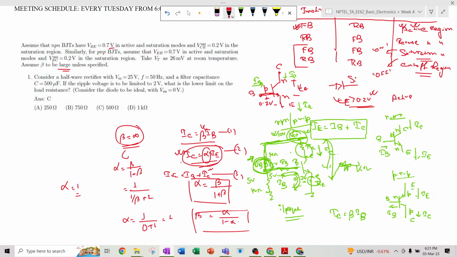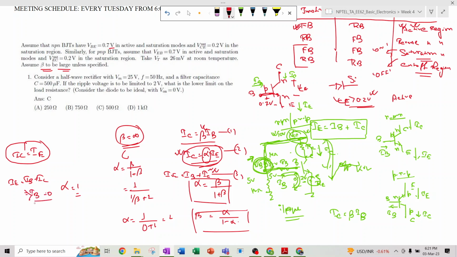Alpha equal to 1. So if we put this in equation number 2, we get IC equal to IE. So whenever there is no beta mentioned in the question, then we can always use this equation, IC is equal to IE. But we know that IE is equal to IB plus IC according to equation number 3. So that means IB is equal to 0.